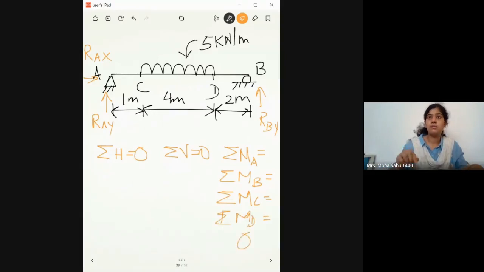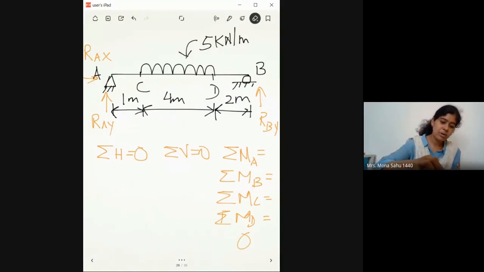You have to understand this, because we are assuming that this beam is at equilibrium. The summation of all the moments with respect to any point, please remember this, is going to be 0, because it is at equilibrium.